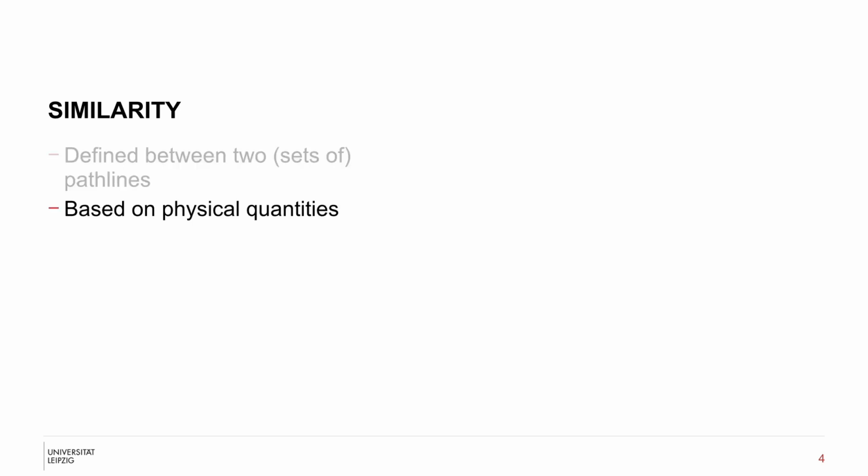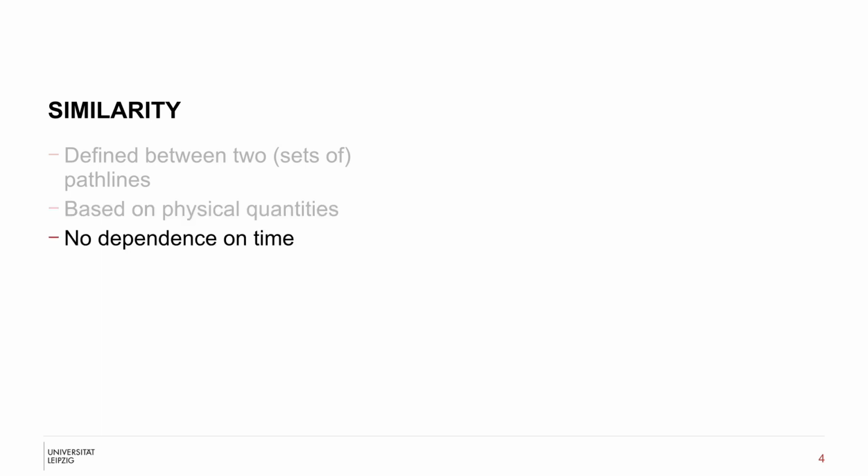First, what is similarity? We define similarity as a scalar quantity between two pathlines or two sets of pathlines. It should be based on physical quantities, allowing for an intuitive interpretation of the results by domain experts.